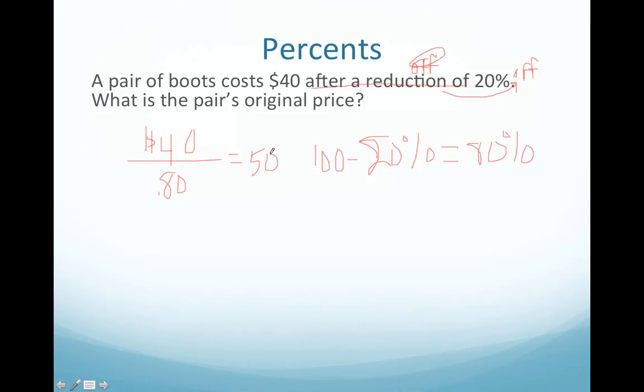Okay. Another way we can do it is we can start off with X for the original price minus 20% of X, and then that's going to equal the new price of 40. Okay, so that right there is the original.